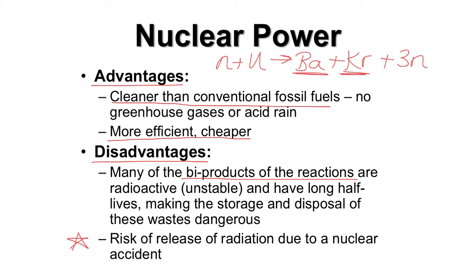You have to figure out how to store and dispose of those radioactive byproducts. They have very long half-lives. They stick around for a very long time, and since they're radioactive, you can't just ship them to your local landfill. So that is the daily problem with a nuclear power plant, is what to do with the essentially radioactive garbage.